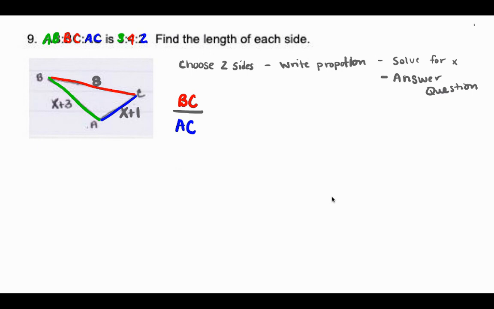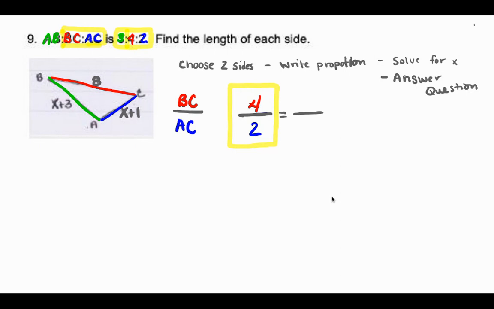So what we're going to do is we're going to take our comparison and we're going to write a proportion. So we're going to set 2 ratios equal. One of our ratios is going to use our information from the ratio itself. So we're going to use the ratio information about these 2. So our ratio that we were given said that our comparison of BC to AC was a 4 to 2 comparison.